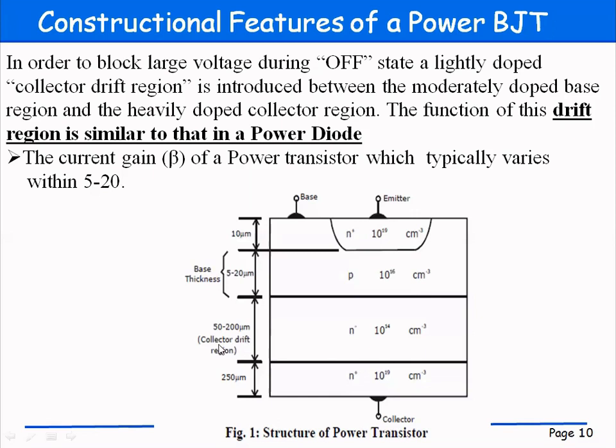That is nothing but the collector drift region. And why do we use the drift region at the collector? Because when we use the transistor in the off state, at that time the junction between the base and the collector is reverse biased, and it is necessary to handle that reverse voltage.